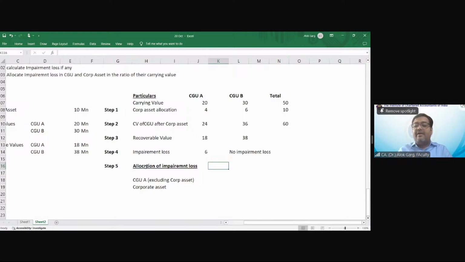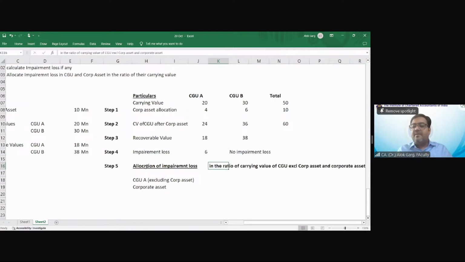In which ratio? In the ratio of carrying value of CGU excluding corporate asset and corporate asset.